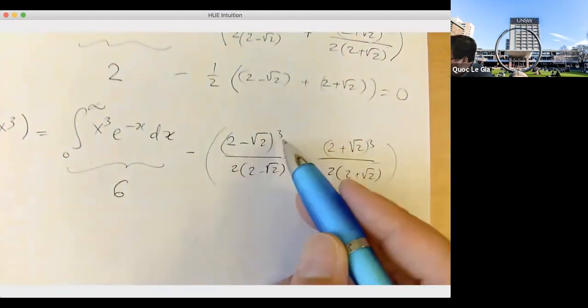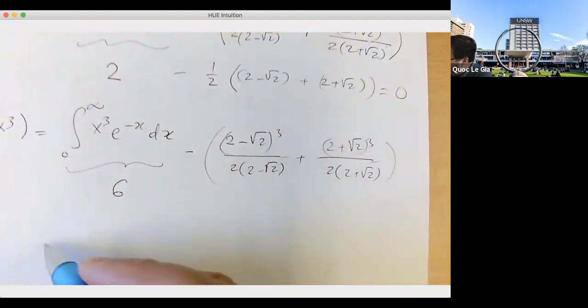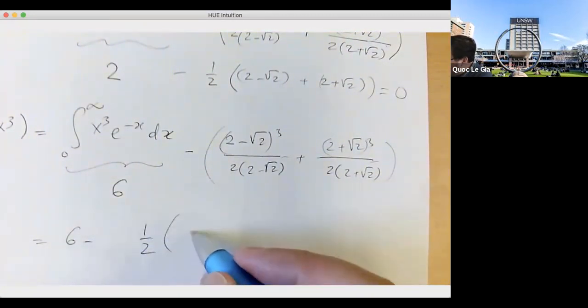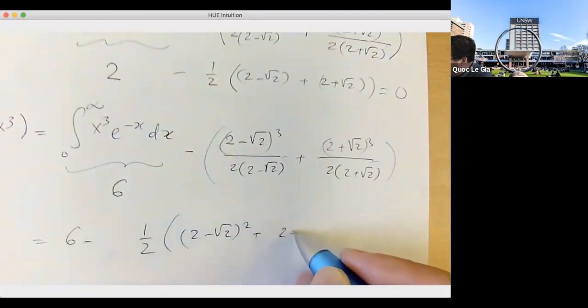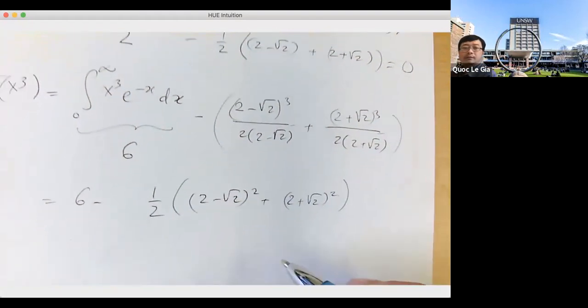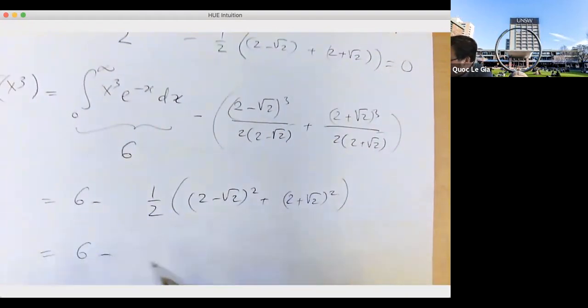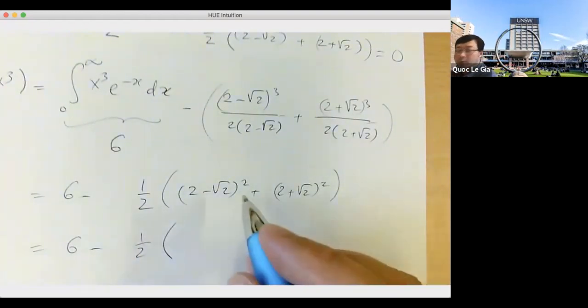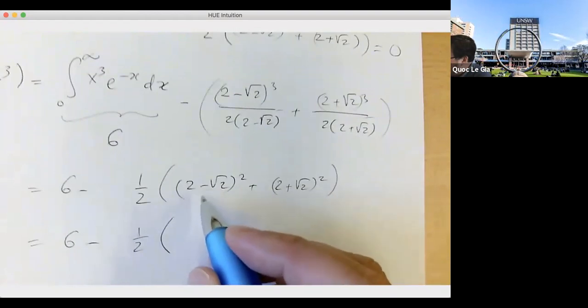And you know, because it got cancelled, so we'll go 6, and you got 1/2 coming out, and here you got 2 minus root 2 squared, 2 plus root 2 squared. And this one 6 minus 1/2, and this one you have to complete the square, so you have to multiply out.